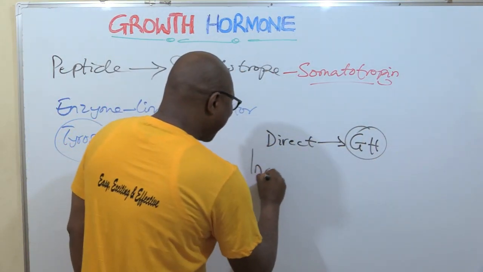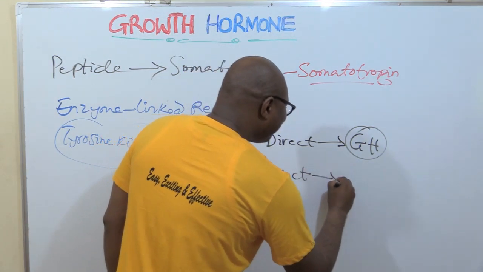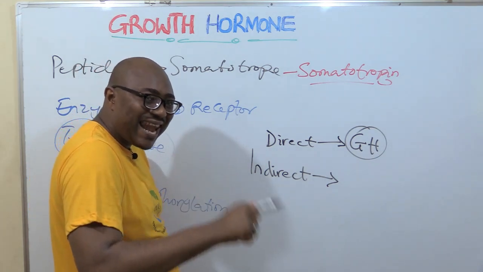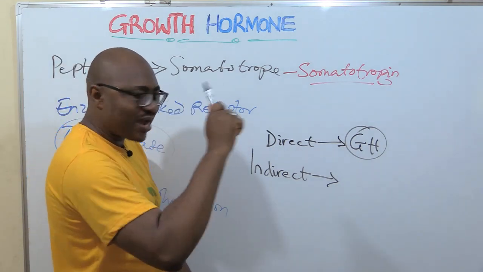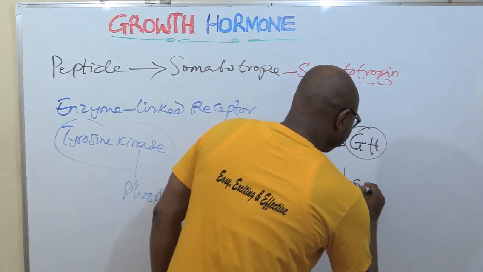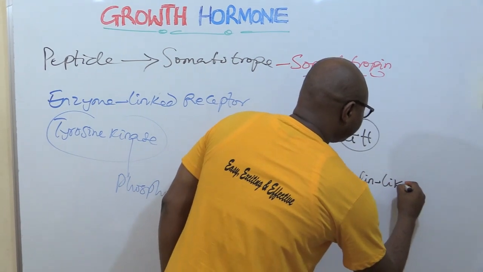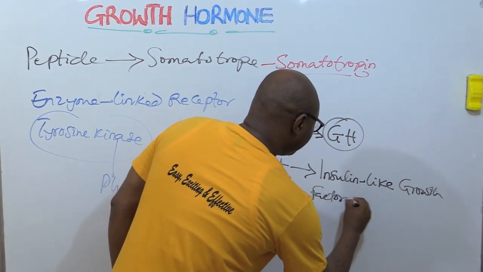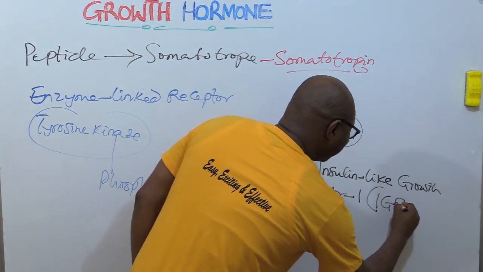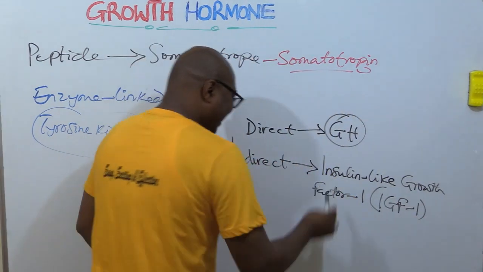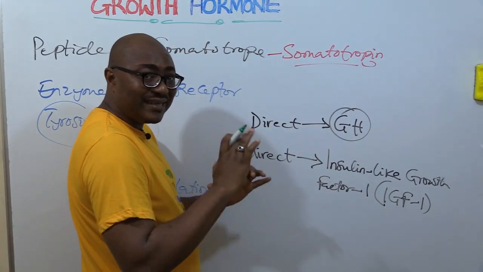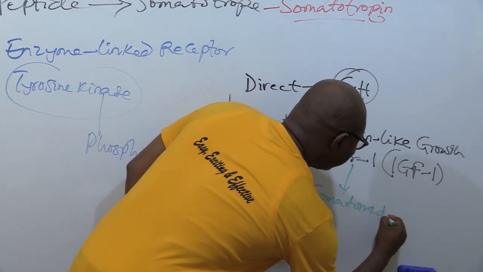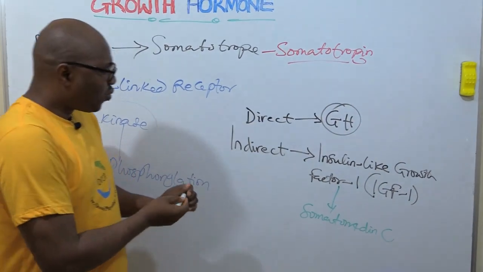And you have the indirect mechanism, which is effected by a substance known as insulin-like growth factor 1, in short IGF-1. This has another name, somatomedin C.